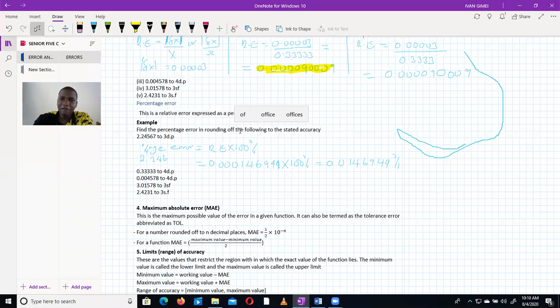If you round off this, you're going to create an error of 0.0146949%. If they give you absolute error and ask you to find relative error, you know how to do that. Now, if they give you relative error and ask you to find absolute error, what do you do?